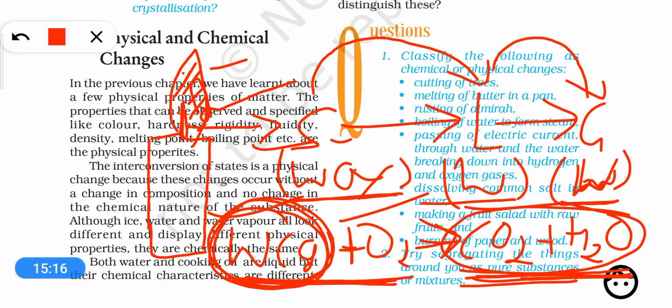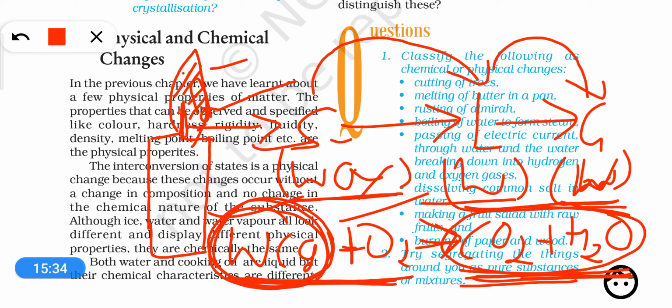Okay, now when the wax vapors start burning, they are reacting with oxygen, and then they are converting into other new substances. These new substances are carbon dioxide and water.